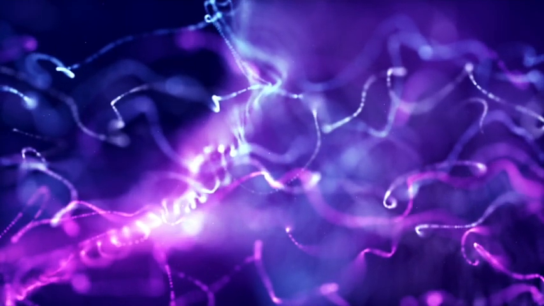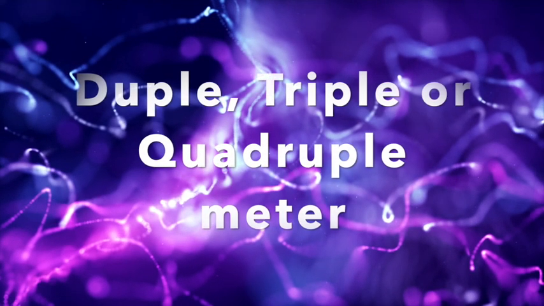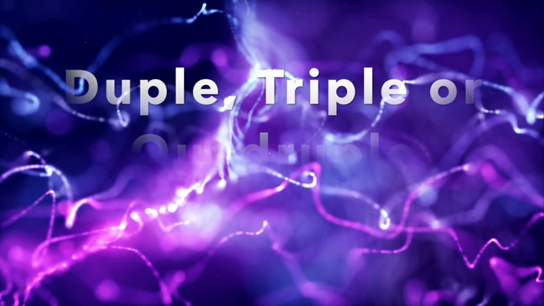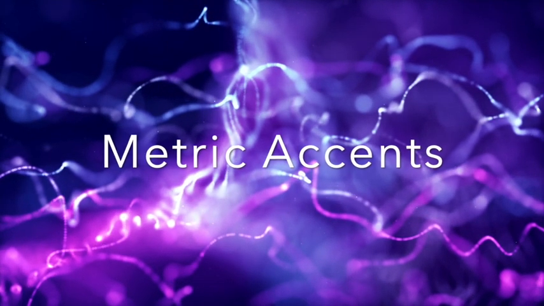Beats usually group into patterns of 2, 3, or 4 beats, referred to as duple, triple, and quadruple meters, respectively. Associated with each meter is its own pattern of metric accents.